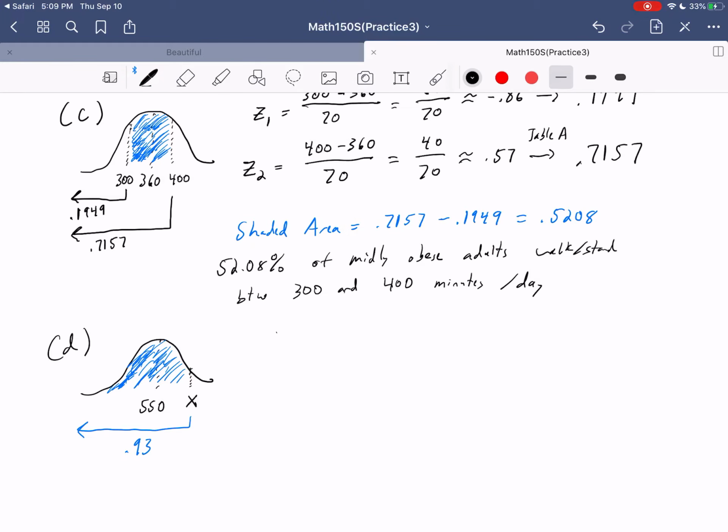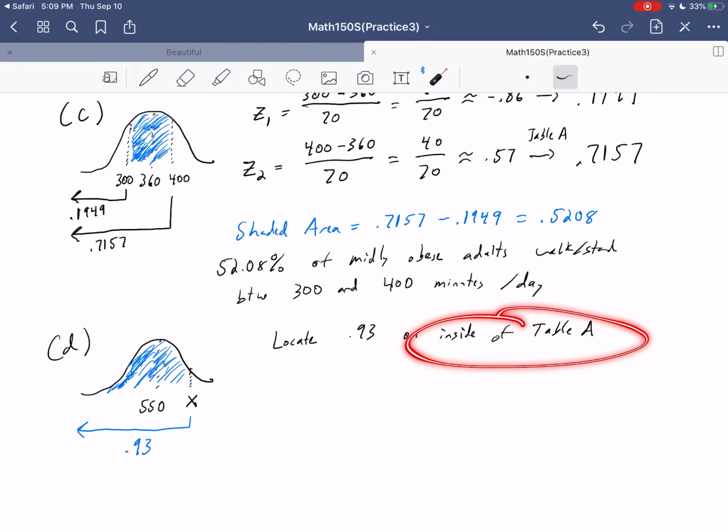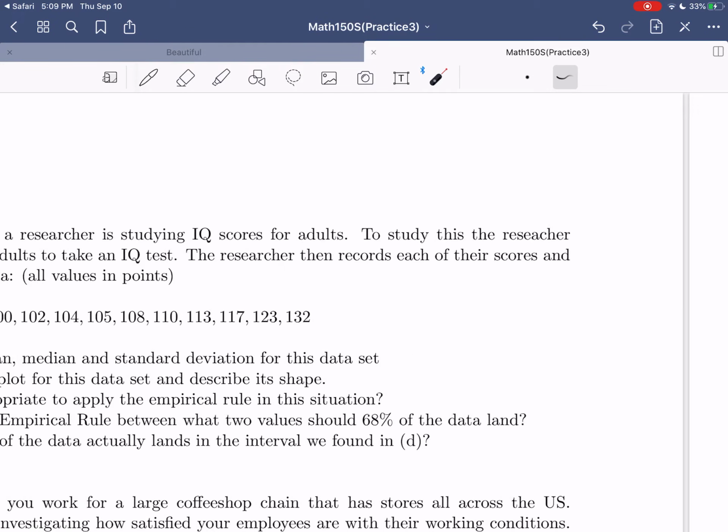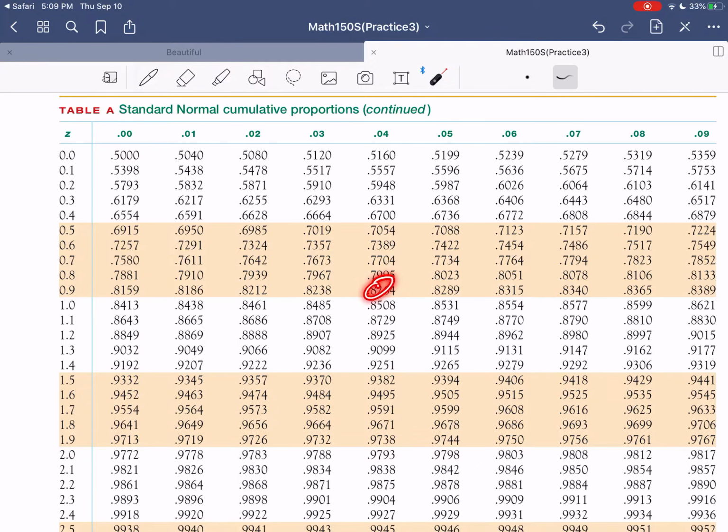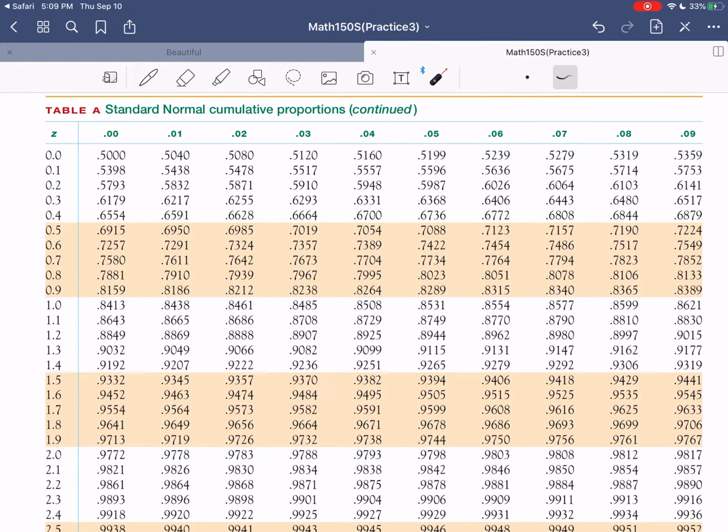So what are we going to do? Well, we're going to locate 0.93 on the inside of table A. So we are going to look for the closest thing on the inside of table A to 0.93. If we go to the positive side, we can see that there's some 0.82s, 0.87s, 0.91s. Remember, we're looking for 0.93.